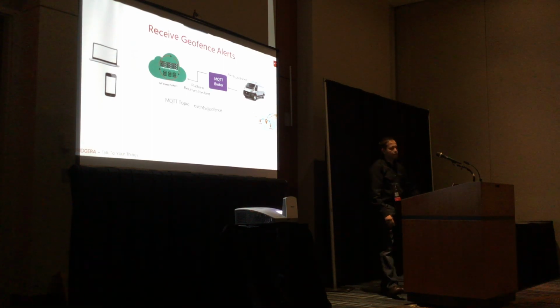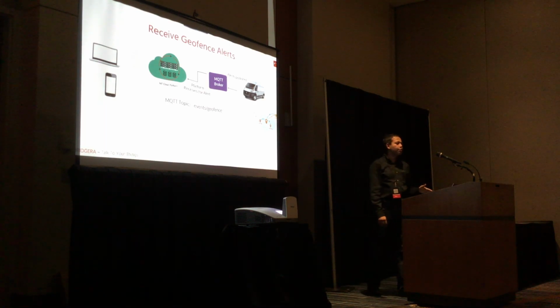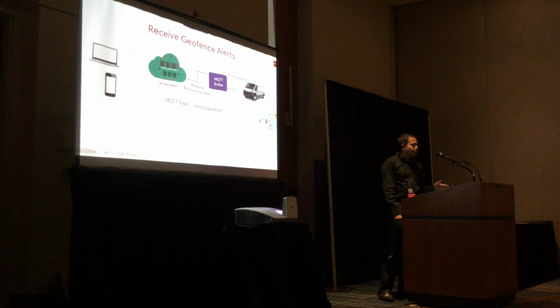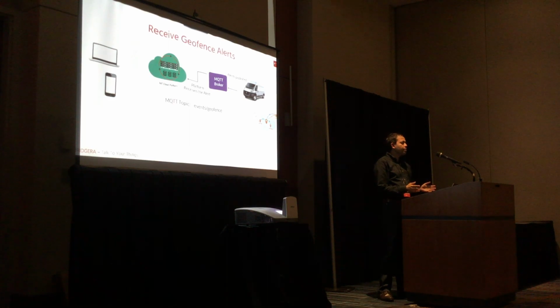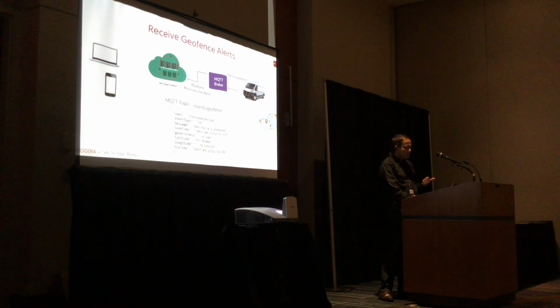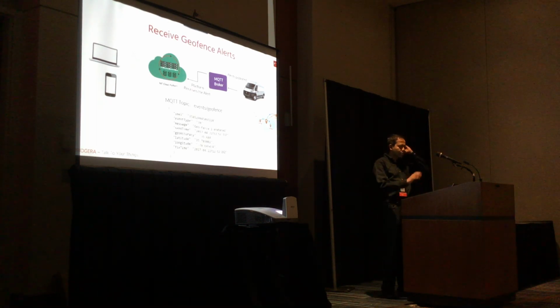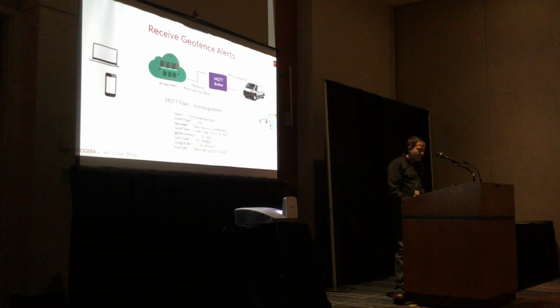And here is the topic. The topic is event/geofence. The platform is subscribing to any topic which starts with event. So anything that you publish with event/ will reach the platform, and the platform will get that. But how will the platform know who sent the message? If you look at the actual body of the message, there is an IMEI here, which is the unique ID of the device.